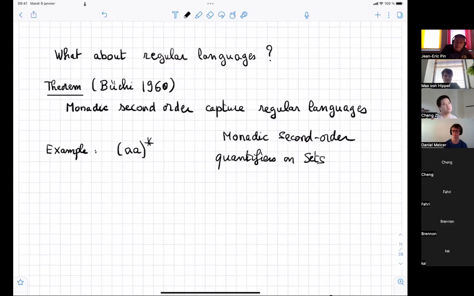But I want to show you what you need to quantify on sets. Just for instance, this language is not Starfree, but I can still use this formula.